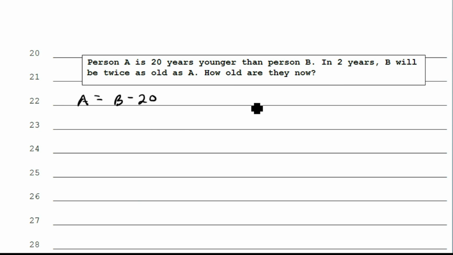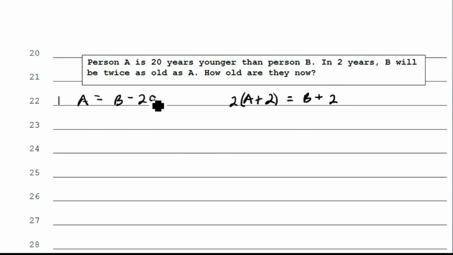In 2 years, it will be A plus 2 years equals B plus 2 years. And B will be twice as old as A. That means twice the age of A in 2 years will be B's age.